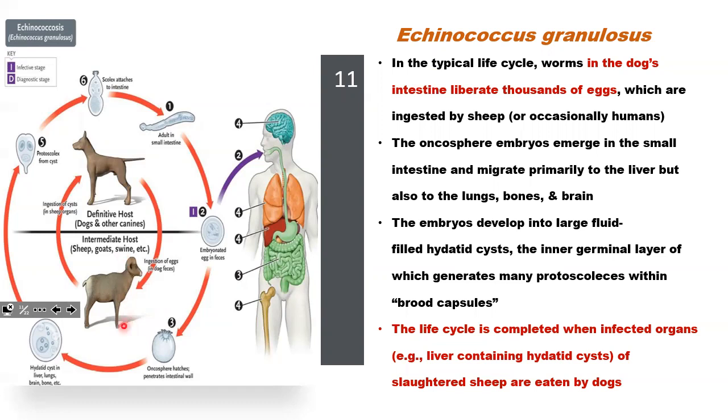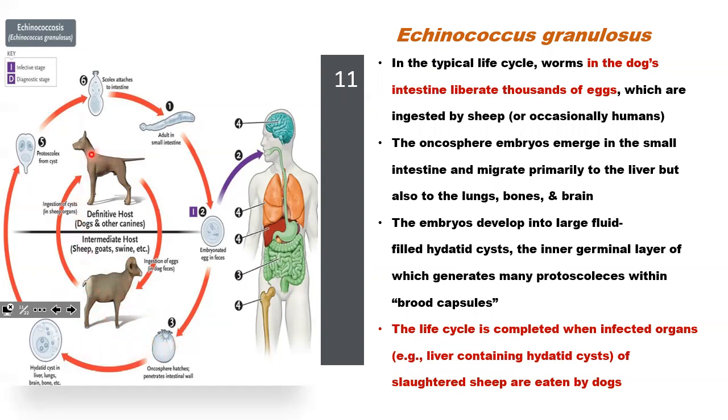And in this intermediate host, you're going to have the oncospheres or the larval form of these parasites forming in internal organs as well as muscles of the intermediate host.